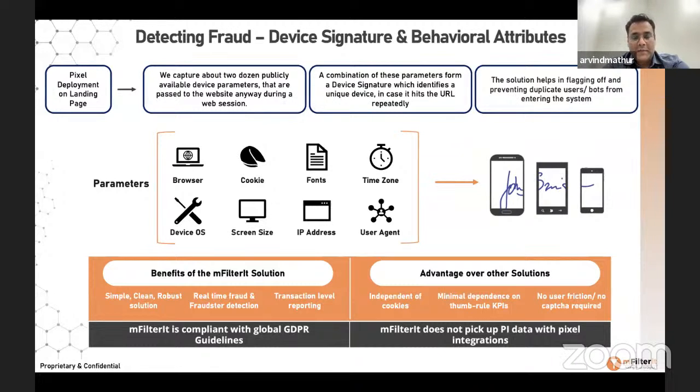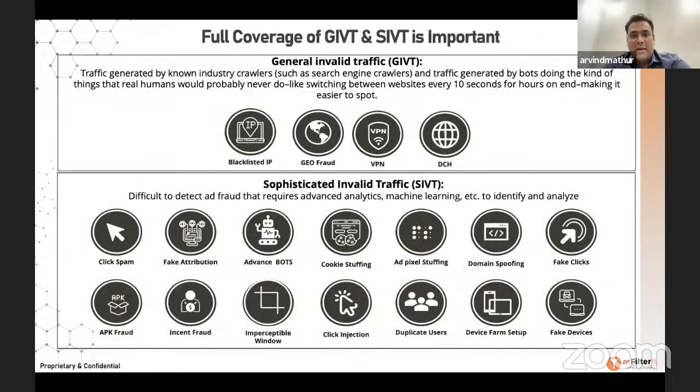And when the walled gardens look for fraud, they look for very minimalistic or basic checks in this regard. And hence, what they're able to cover is only general invalid traffic. If you look at a scenario where walled gardens come in to protect, it's generally done at the pre-bid stage of an ad, and at that stage, you probably have only an IP address to work with to understand if it's fraudulent or not.